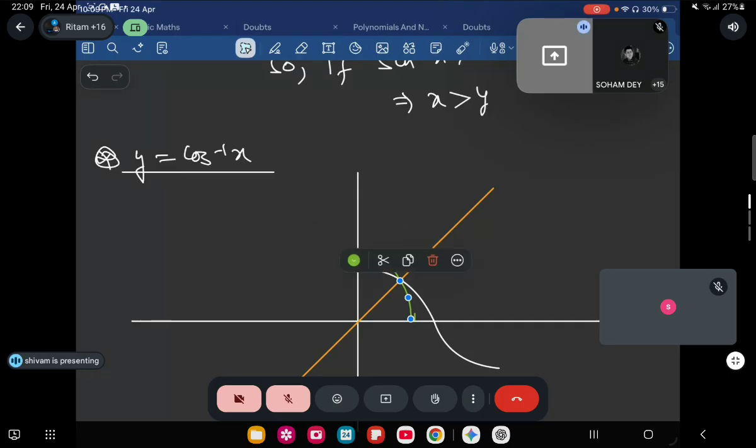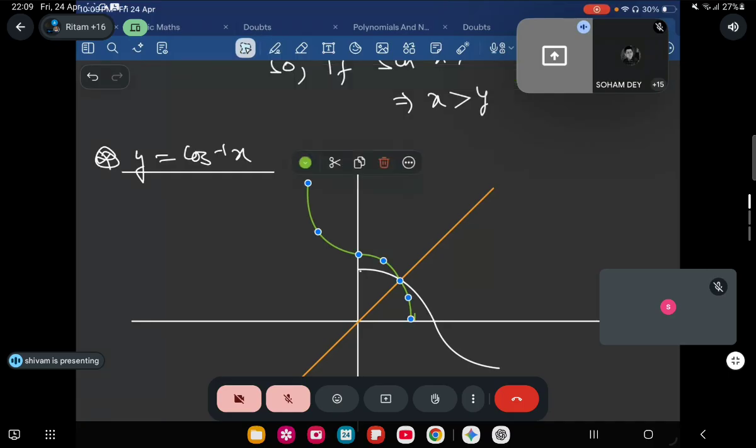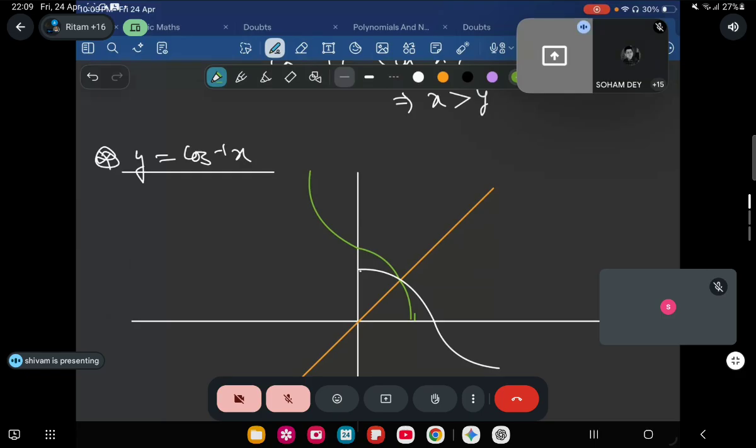So till now, anyone having any doubt, you can ask me now. Okay, this green one is the graph of cos inverse x. So what are the coordinates of this point? Raise your hand and tell me.